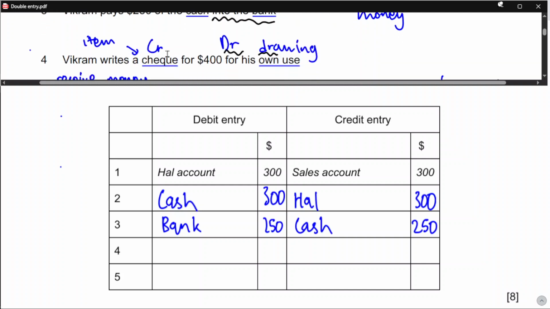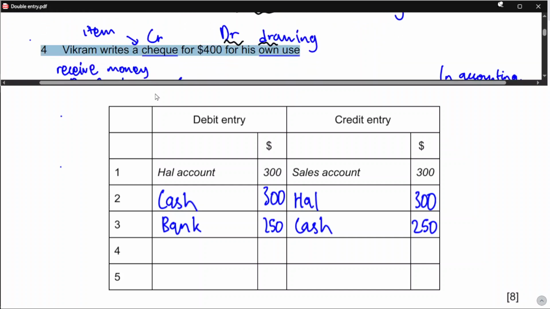Okay, now let's go to the next line. Credit check, so it's actually credit the bank, and then debit drawing here by 400.